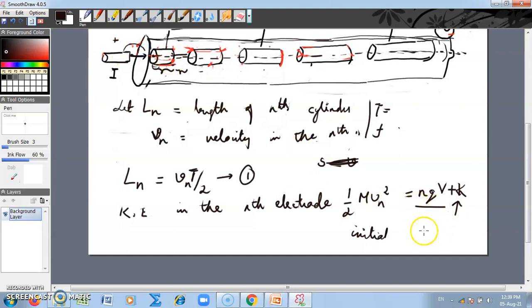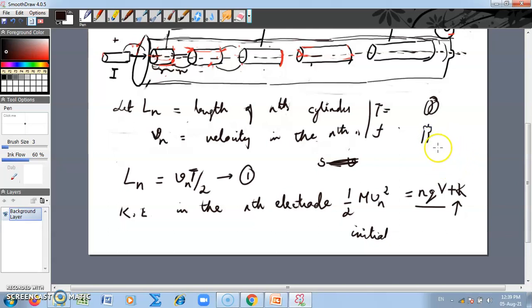And what is nqV? See, for each gap, actually these are very closely spaced, the faces will be very close to each other. There's a small gap out here. We have drawn it wide just to show you what is happening, but actually one cylinder is very close to the other.